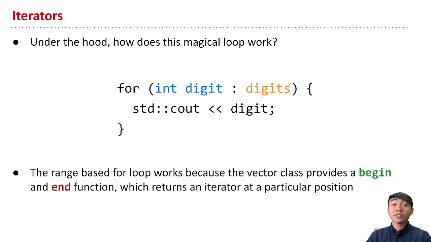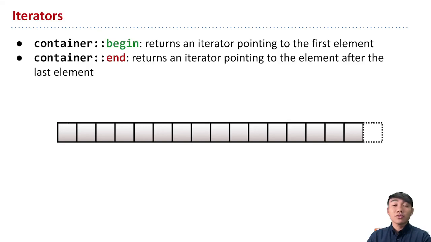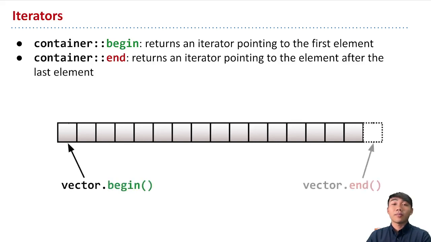So the begin function returns an iterator pointing to the first element. And we use these two colons here to indicate that begin and end are member functions of some container, like the vector class or the map class. So what that means is that we'd be able to use dot notation to invoke the begin function and the end function on a particular container.